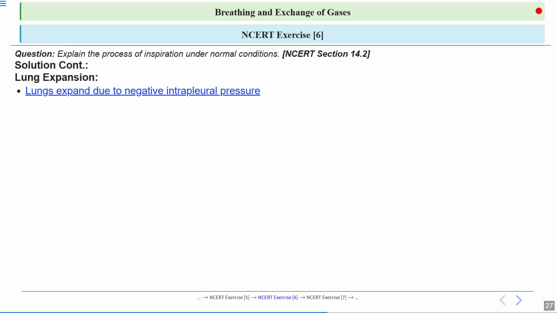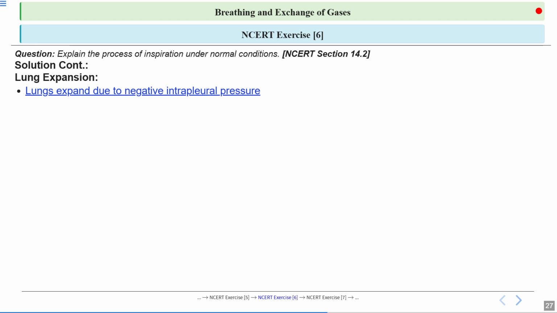In the case of the heart, there is the pericardium, and in between the heart wall and pericardium there is pericardial fluid. Similarly, in the case of lungs, there is a pleural membrane, and in between the lung and this pleura there is pleural fluid.